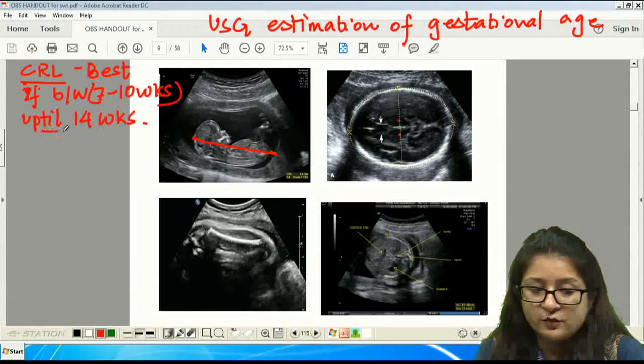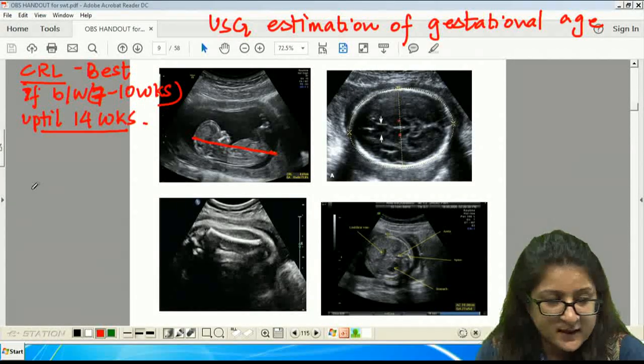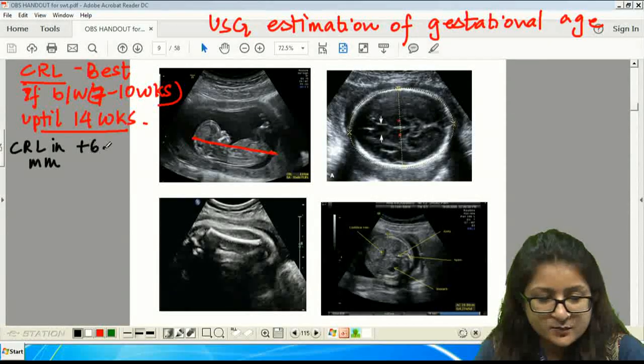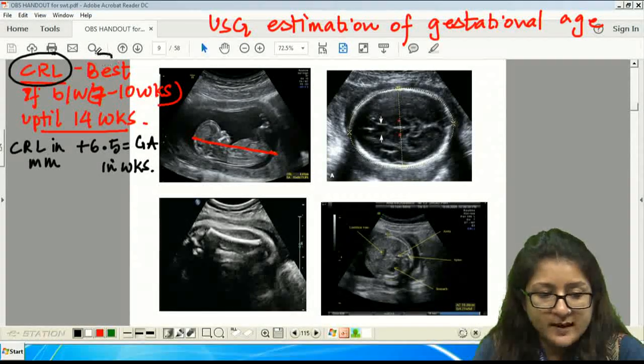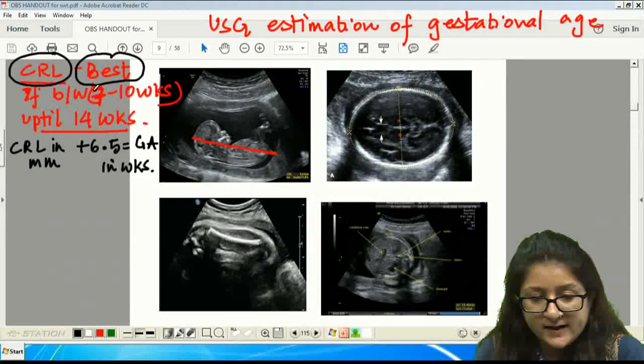We can measure it up till 14 weeks, but it is best when measured between 7 to 10 weeks. Next important point is that the CRL in mm plus 6.5 is equal to the gestational age in weeks. CRL is the best parameter for estimation of gestational age, especially if done between 7 to 10 weeks.